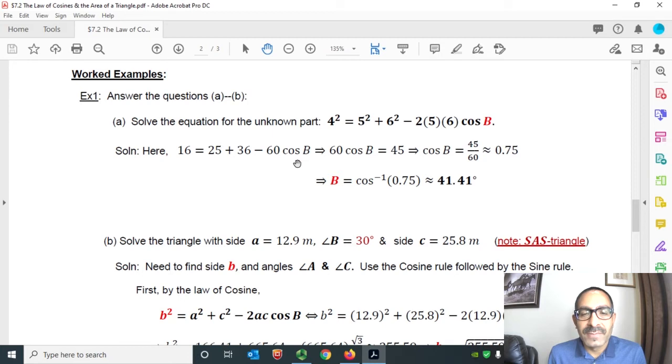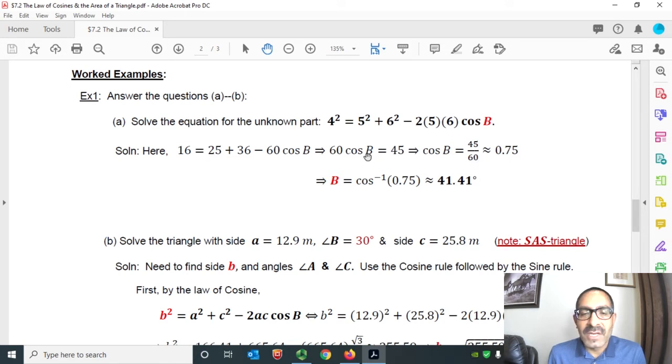That's the idea. So the next step, bring negative 60 cosine B to the left side, so it becomes positive 60 cosine B. Then take 16 to the right side, it becomes negative 16, so we have 25 plus 36 minus 16, which turns out to be 45.